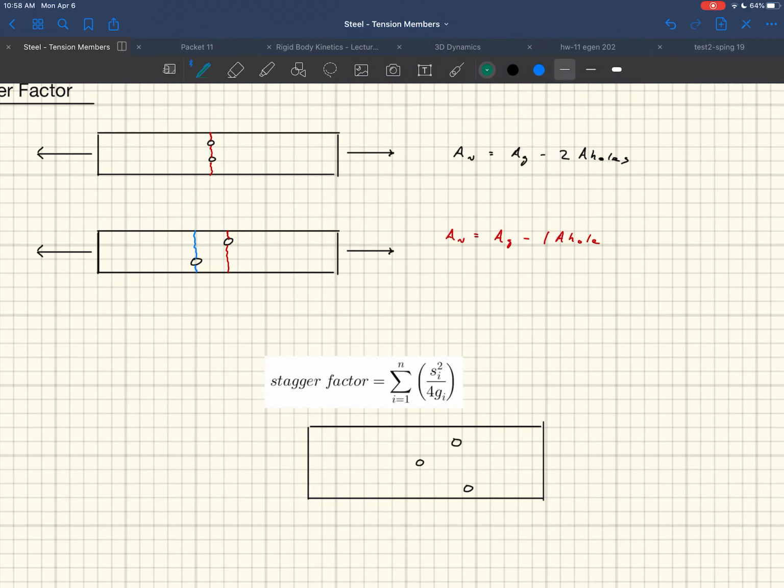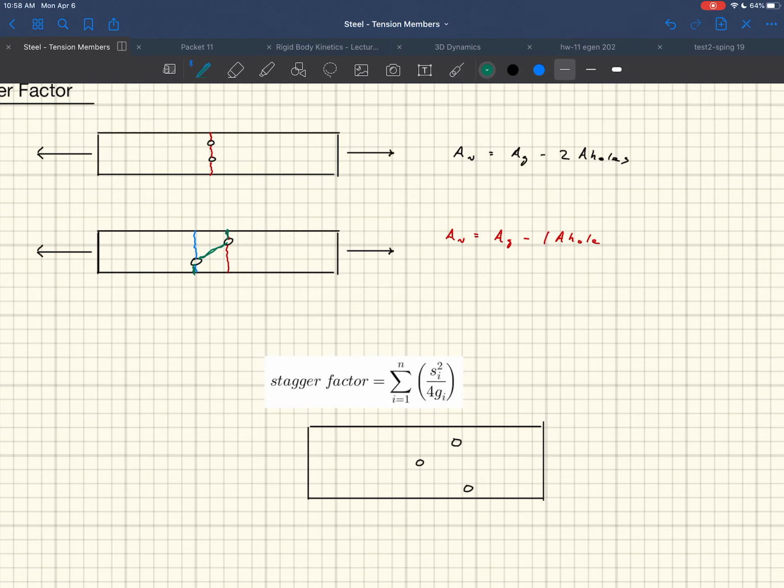Or, make this green here, it could rip through 2 holes. Up here, obviously it's going to rip through 2 holes because they're lined up. Here, though, they're not lined up, so it's not clear if it's going to rip through this one or if it's going to rip through those.